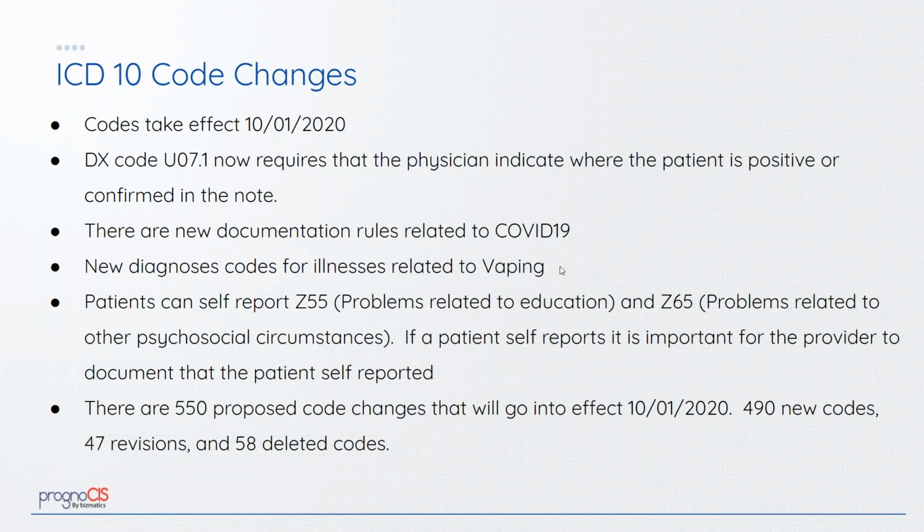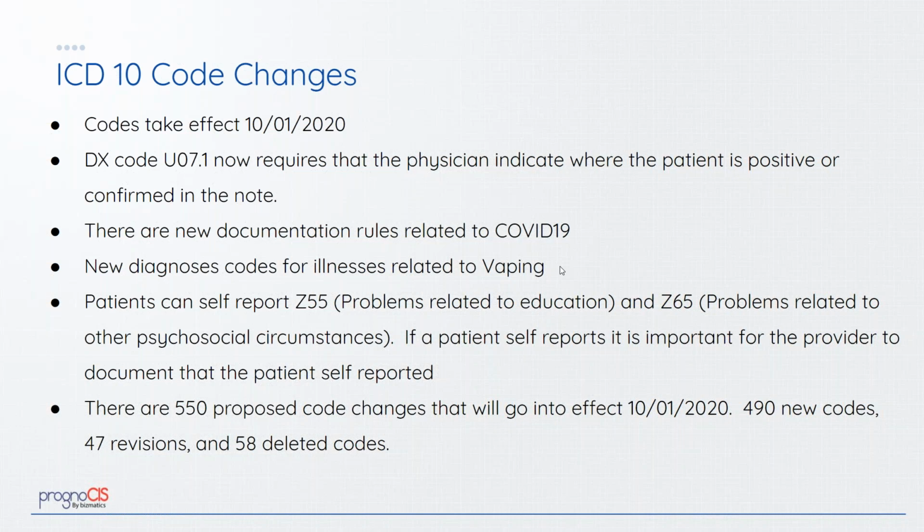So if you are coding with the U07.1, they want you to put in your note, the patient is positive. And then the new diagnosis code for illnesses related to vaping, since that is an upwards trend right now. And then patients self-reporting education issues or psychosocial circumstances, meaning a patient can come into your office and say, I have problems that affect my education.